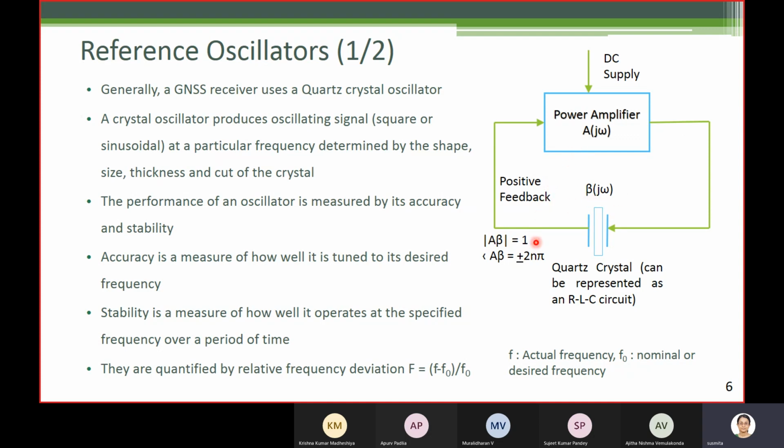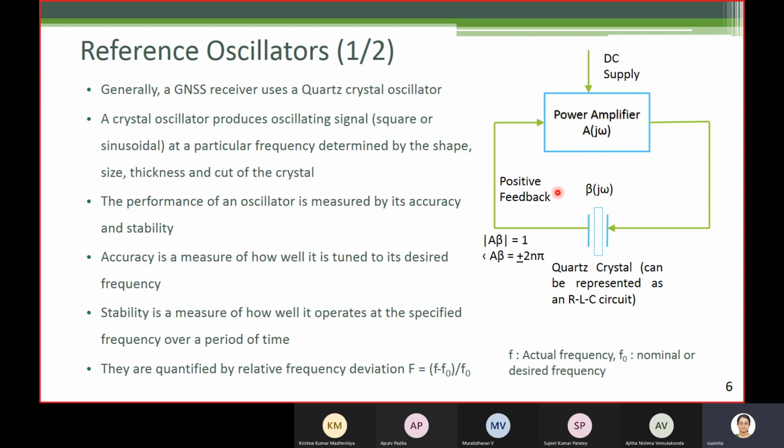That is ensured by making sure that the loop gain is unity. So the A of j omega is the amplifier gain, the transfer function in the frequency domain, whereas beta of j omega is the transfer function of the quartz crystal.